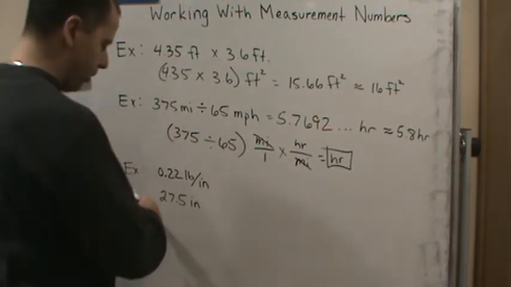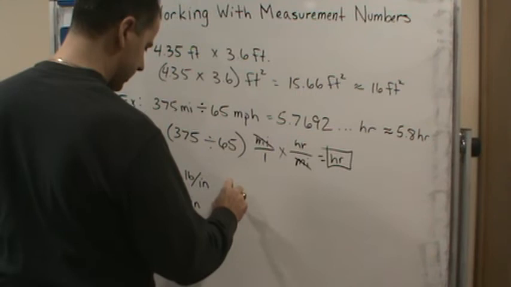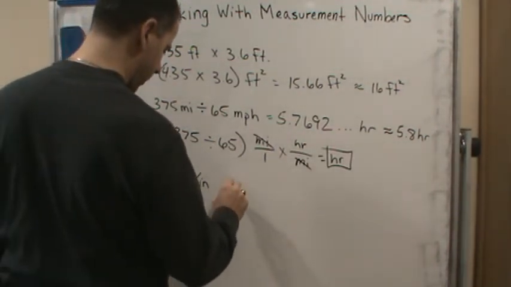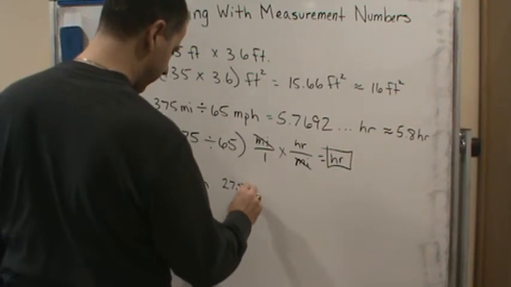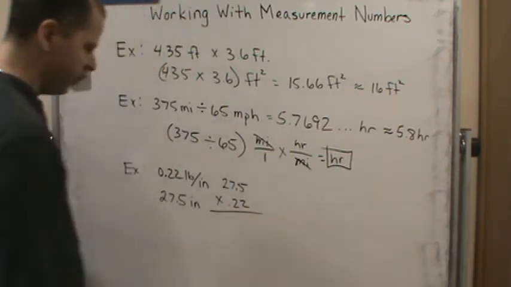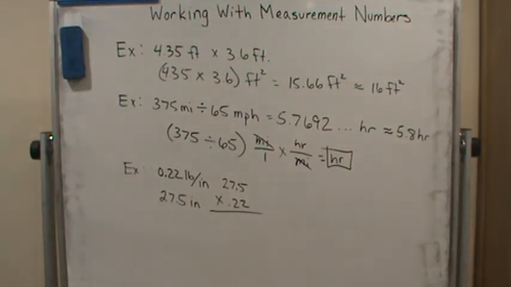So now I'm going to multiply this. I'm going to multiply the numbers first, right? So I'm going to do 27.5 times 0.22, and that gives me 6.05 pounds.